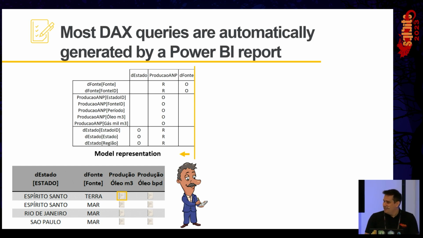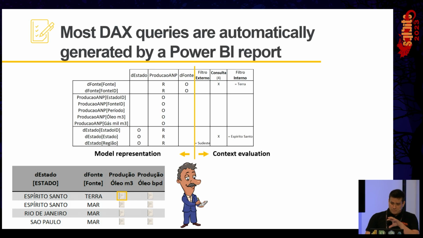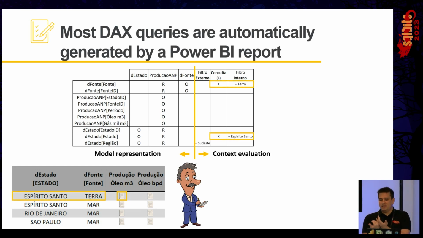I call this character Tom, and he will write an order. And here we have 8 orders. And this specific order has a query context. It iterates over an internal filter that says this state is this and the source is that. Sorry, the slides, the pictures are in Portuguese, but I think you can get the idea.